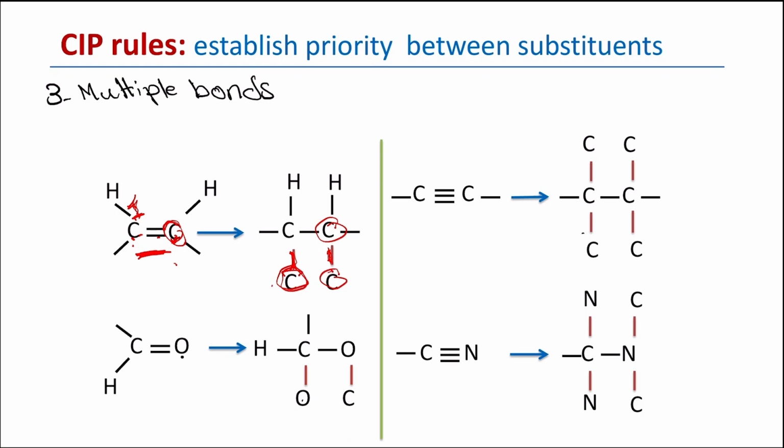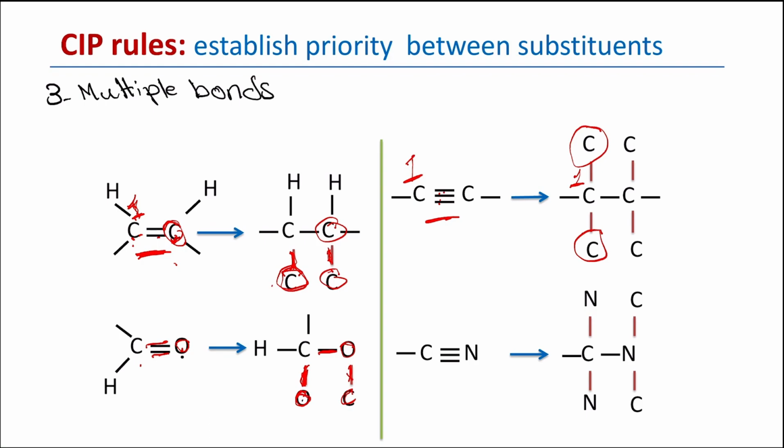The same will apply if you have a carbon with a double bond and an oxygen, a carbonyl group. Then we will consider the carbon as if it is attached to an extra oxygen. So it's already attached to this oxygen, but we consider it as if it's attached to another oxygen, and the oxygen will be attached to an extra carbon. We will apply the same rule if we have triple bonds. So this carbon number one here, we will consider as if it has two extra carbons attached to it because of the triple bond.